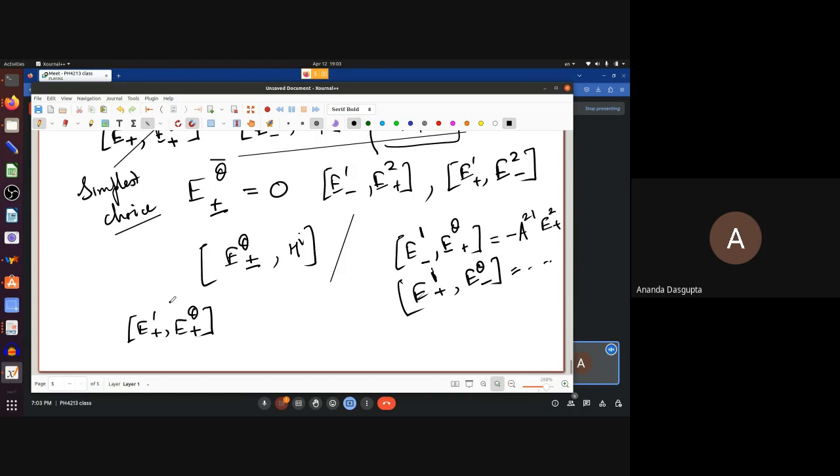E1 plus with E theta plus and E1 minus with E theta minus. Now, if we were to calculate them and get a value for them, some new generator, then the set would again increase. The best thing would be trying to make them 0. How can I make them 0?